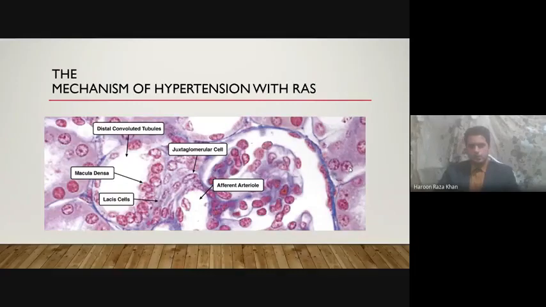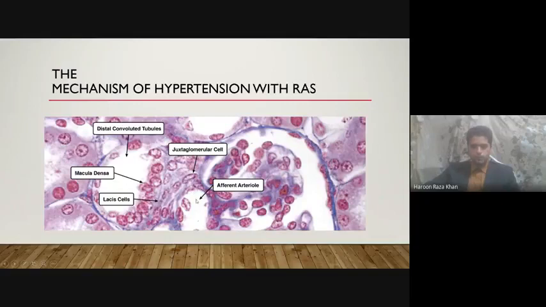This is a histological view showing how this hypertension with the RAS usually occurs. Observe the juxtaglomerular cells, macula densa, and the lacis cell, which will secrete the renin, the efferent arterioles, and the distal convoluted tubule. This will mainly affect the function of your kidneys.